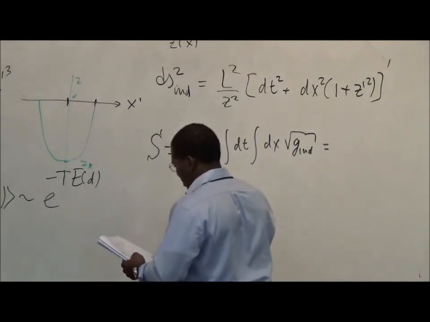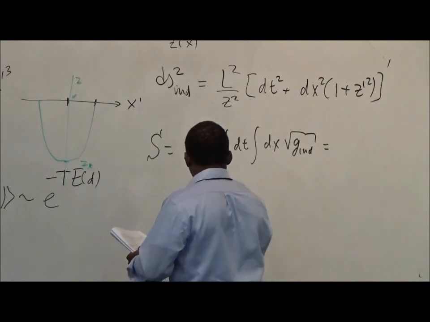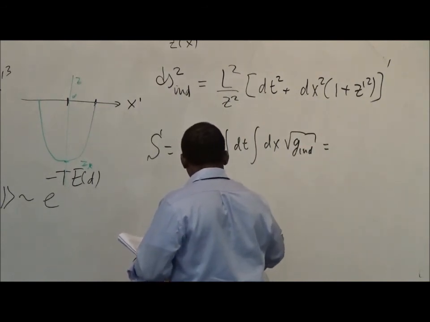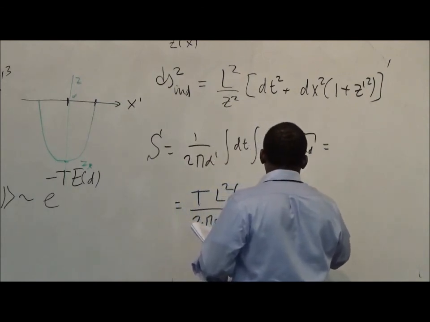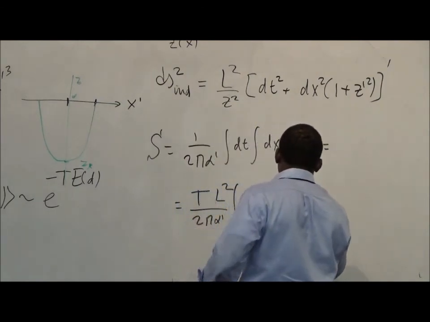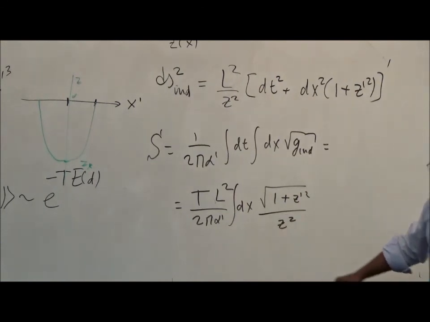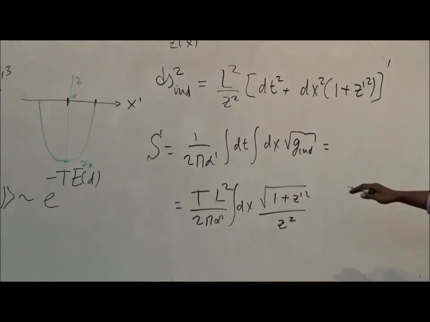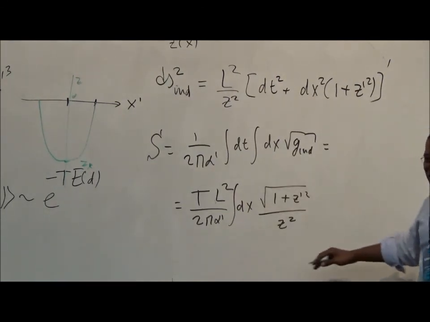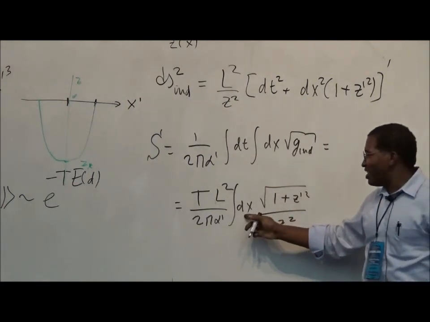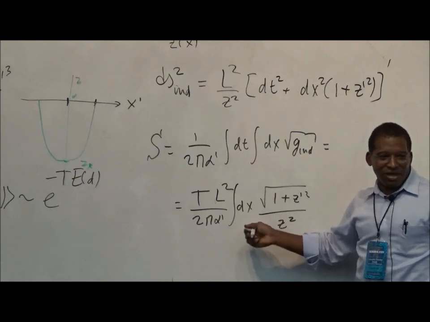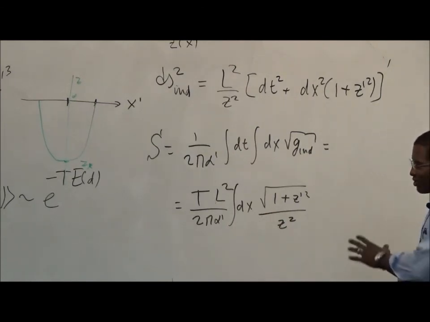This is essentially T L squared over 2 pi alpha prime, dx, square root of 1 plus z prime squared, divided by z squared. Now I'm back to some maybe advanced high school problem. This is a Lagrangian. I can think of x as my time, but it's just classical mechanics.